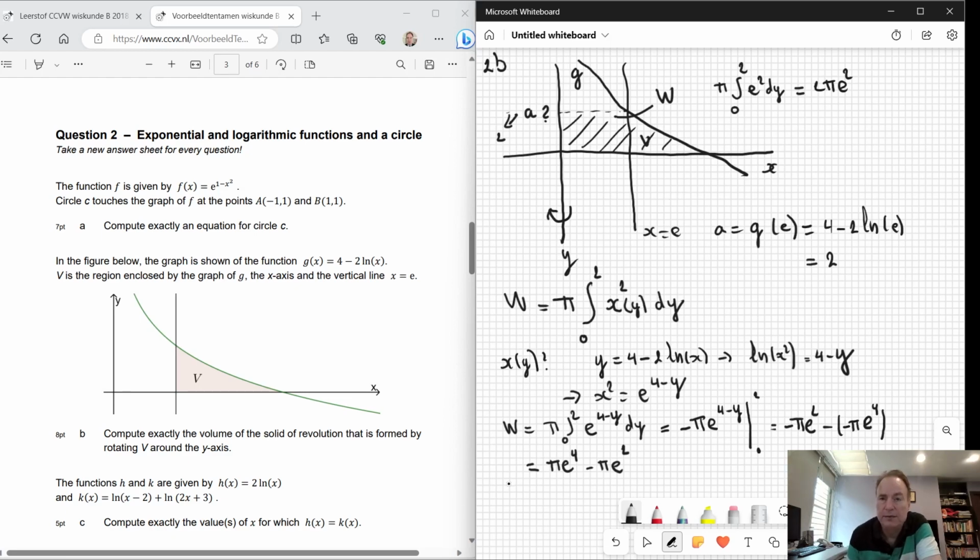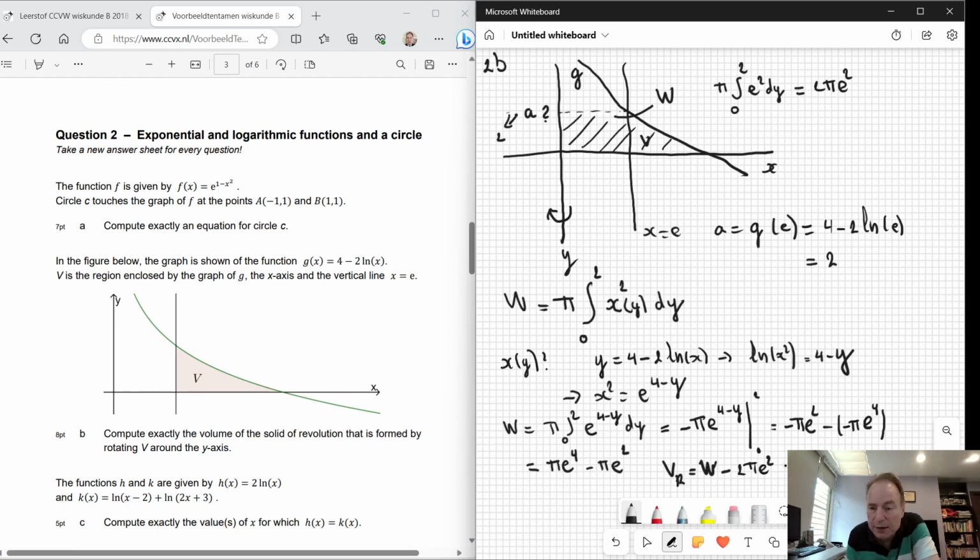So the rotational volume, let's call it Vr, is this W minus 2 pi e squared. And here we have a minus pi e squared.